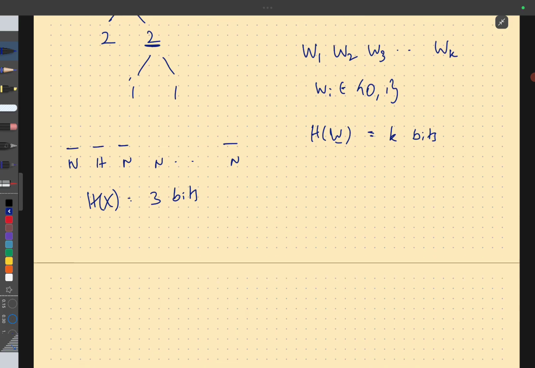Which means that my measurements should give me at least 3 bits of information. So in no way can I do these measurements using any fewer than 3 measurements. If I have binary measurements, then I can't recover the true configuration using any fewer than 3 measurements, right?